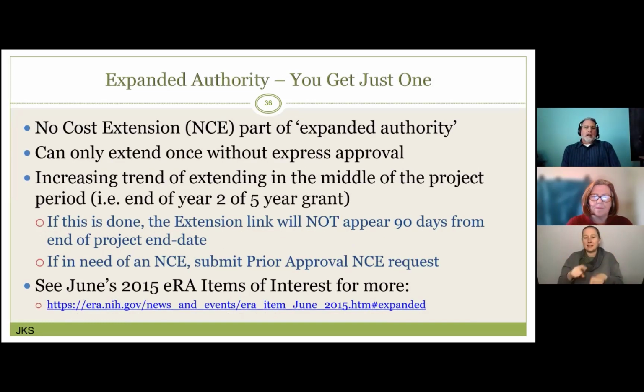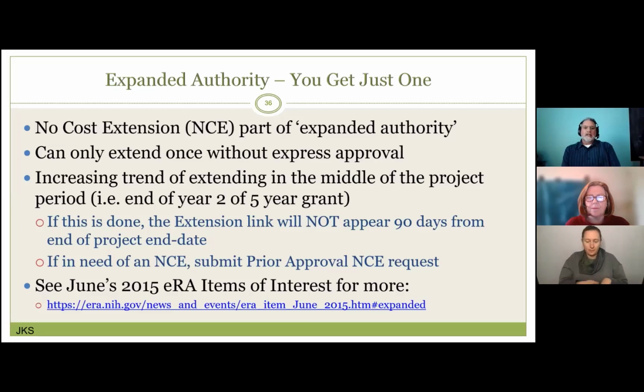What we've been seeing is that a lot of people are extending their projects in the middle of their whole award period, their grant period. So let's say in this example, at the end of year 2, you want to go ahead and extend your project for year 2 to make it actually a whole other year. If you do that through the interface in Commons, when you get to that 90-day end of project period, the link is not going to appear.